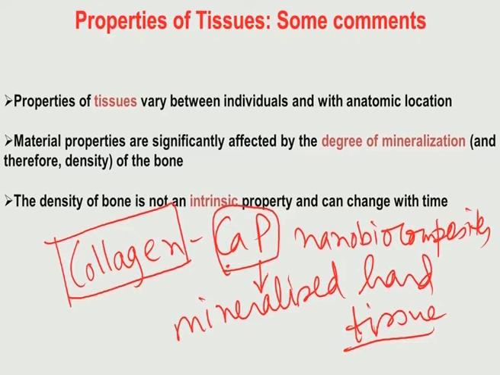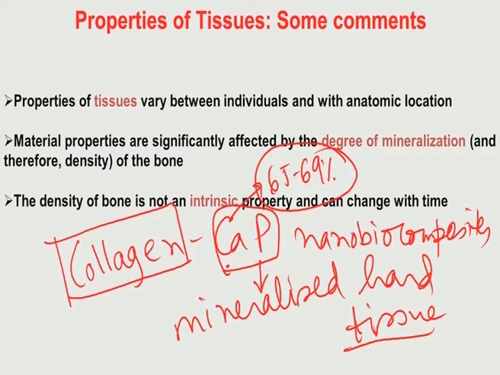So, in a normal healthy bone structure in an adult, typically this is like 65 to 69%, and in older patients normally this mineral content gets lower and lower. Therefore, since the mineral content is much lesser than healthy adult bone structure, the bones in the older patients are more prone to fracture or they become more fragile.